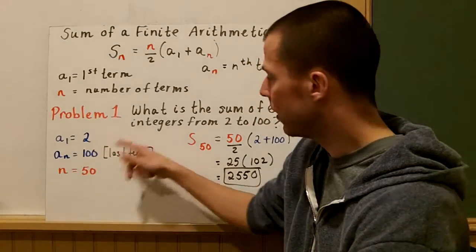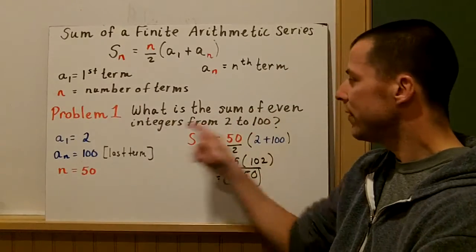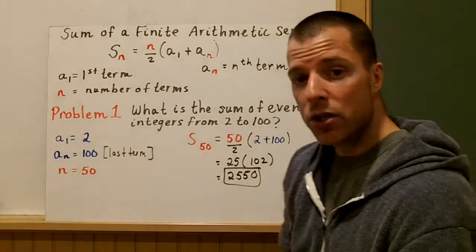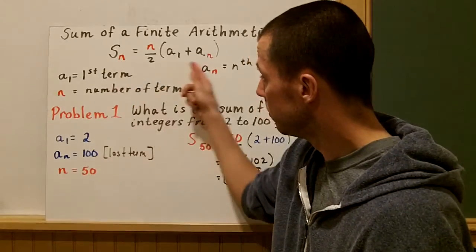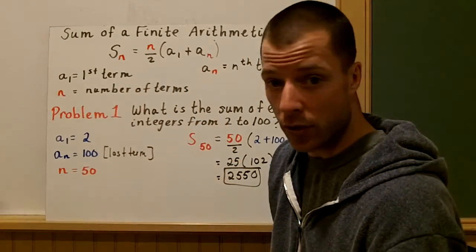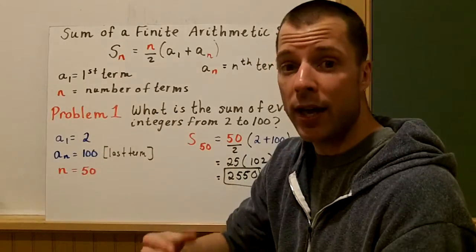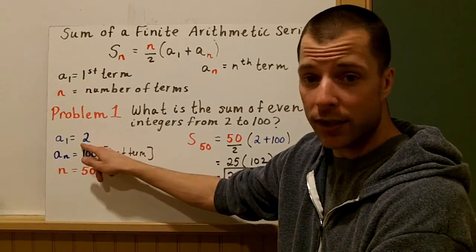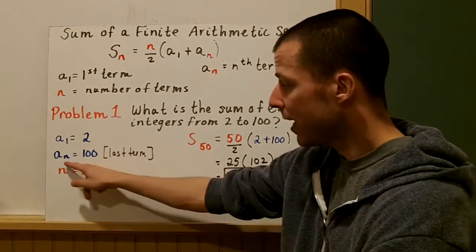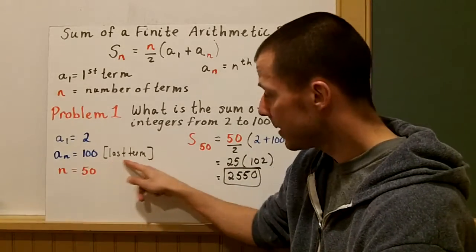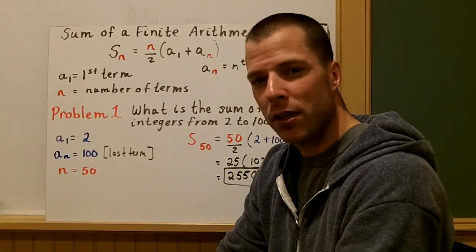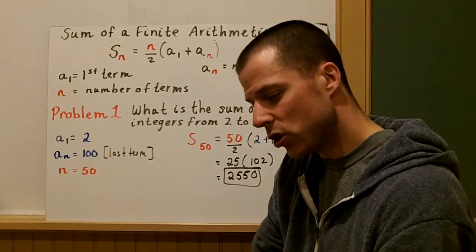So problem number 1. What is the sum of even integers from 2 to 100? We're going to use our rule and substitute what we know. We're looking for the sum, S sub n. A sub 1 is 2, our first term. A sub n equals 100, the last term. Now you have to think, how many even numbers are between 2 and 100?